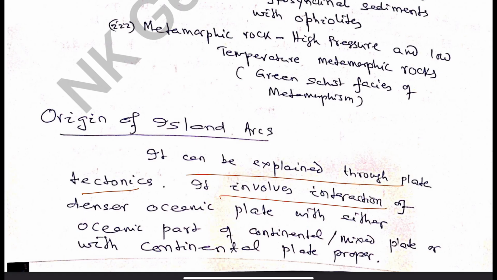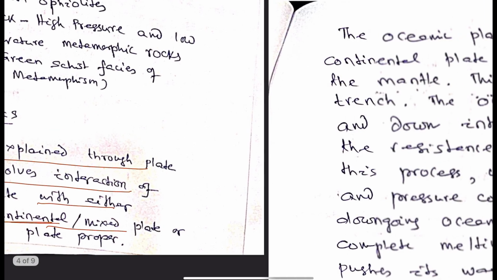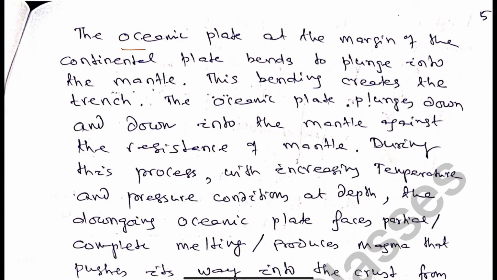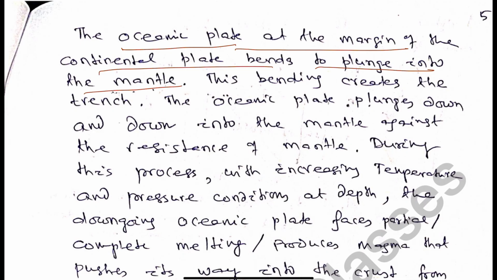It involves interaction of the two plates, the denser oceanic plate with the lighter continental plate, or with the oceanic part of the continental plate, which we can say is a mixed plate. The oceanic plate is heavy, and at the margin of the continental plate it bends to plunge into the mantle.